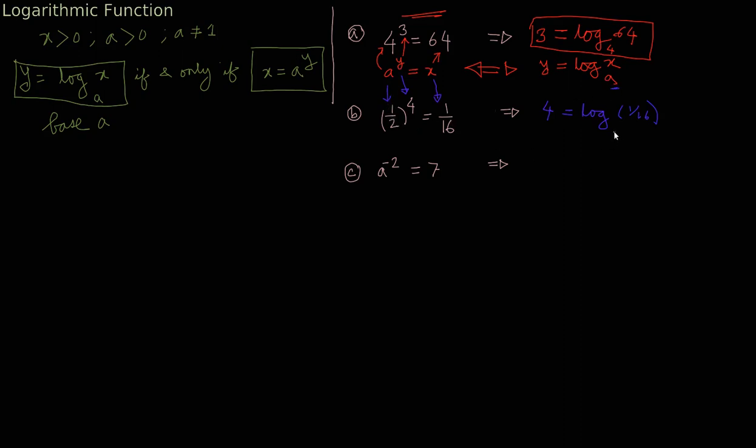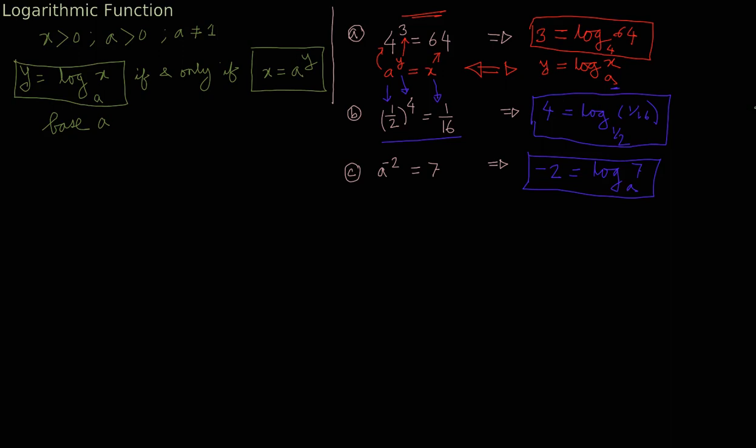A is half. So that's the equivalent logarithmic expression for this power expression. Similarly for a power -2 equals 7, I can say it will be -2 equals logarithm of 7 base a. Okay, so this is the equivalent logarithmic expression.